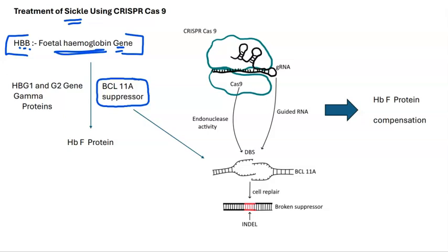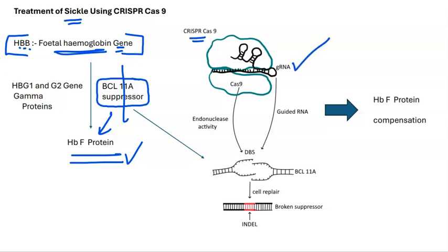So the BCL11A suppressor turns off the synthesis of the fetal protein. And what we're going to do is break this gene and turn back on fetal hemoglobin production.